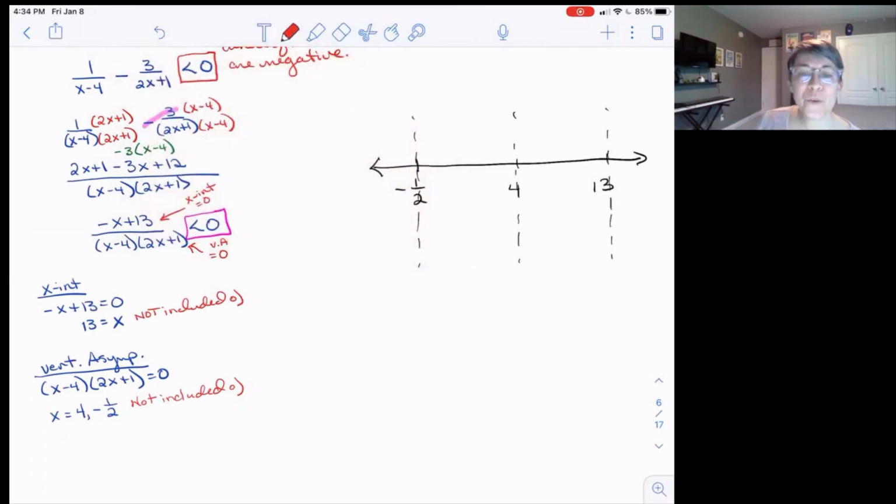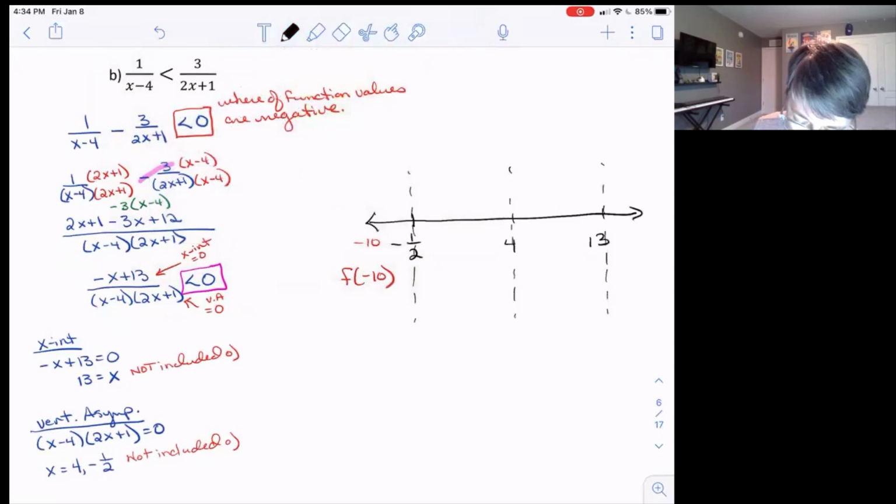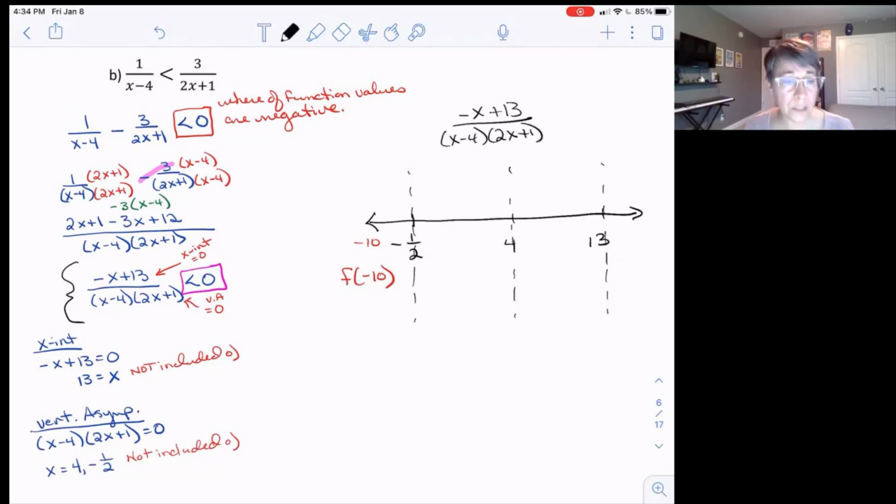So a test value to the left of negative 1/2 could be a negative 10. So we can find f of negative 10. And again, I'm going to focus on the factored form, the negative x plus 13 over x minus 4 times 2x plus 1, to determine our signs.